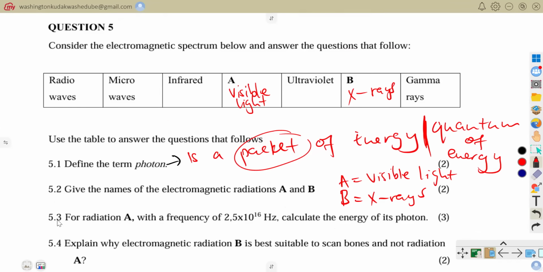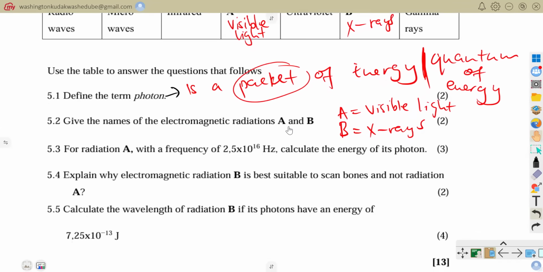And then 5.3, for radiation A with a frequency of 2.5 times 10 to the power 16 hertz, calculate the energy of its photon.